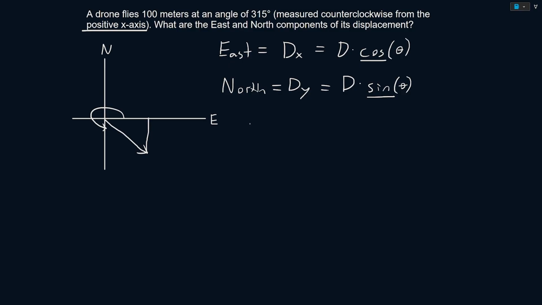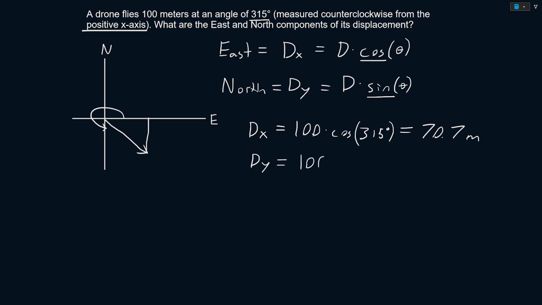Now plugging into the equations, our east component dx is equal to 100 times cosine of our angle theta, 315 degrees, and this is equal to 70.7 meters. Our north component, dy, is equal to 100 times sine of our angle theta, which is 315 degrees, and is equal to a negative 70.7 meters.